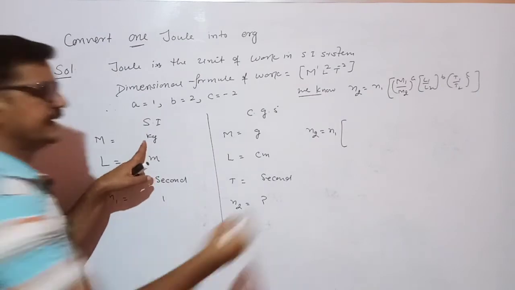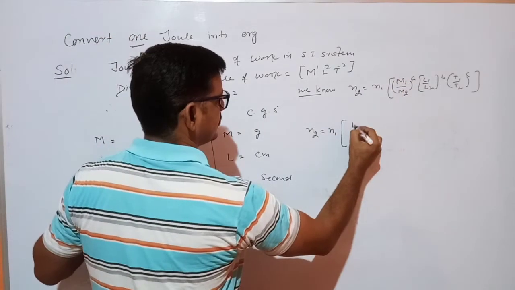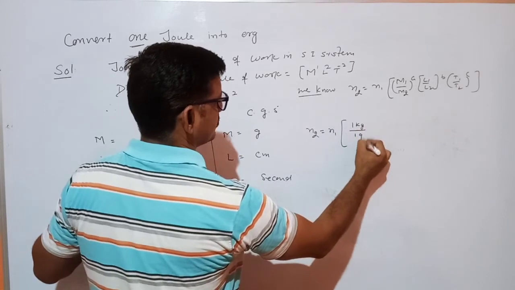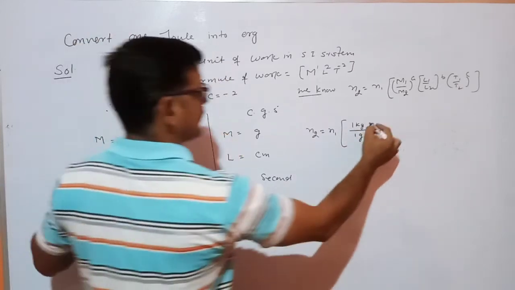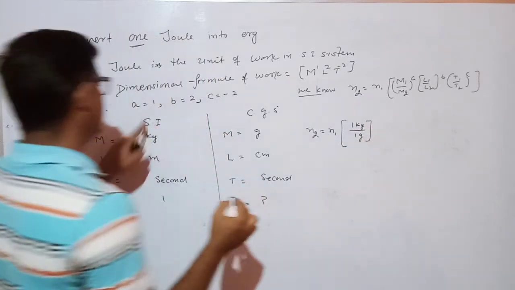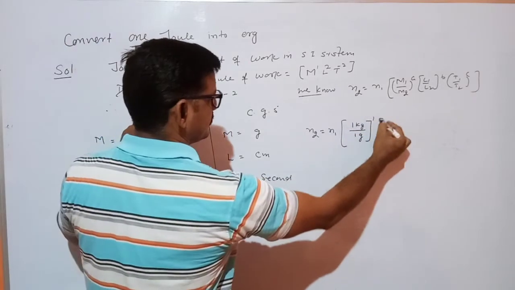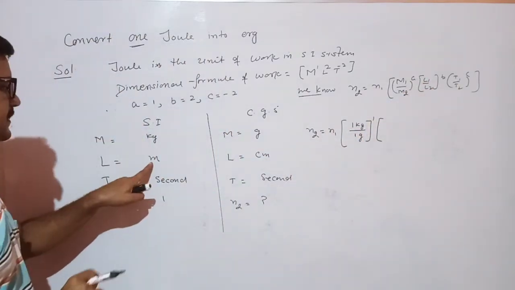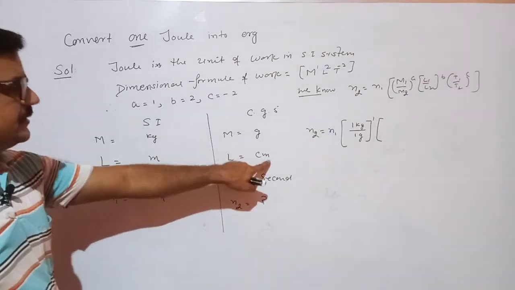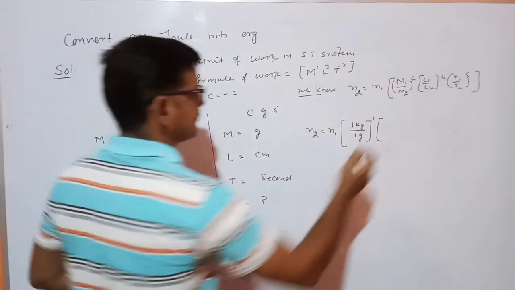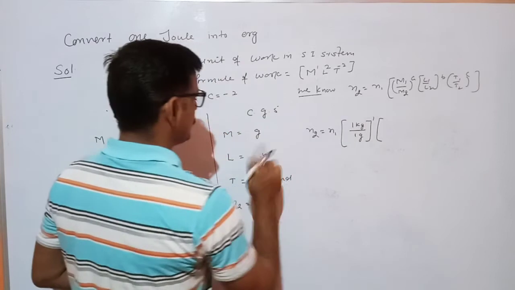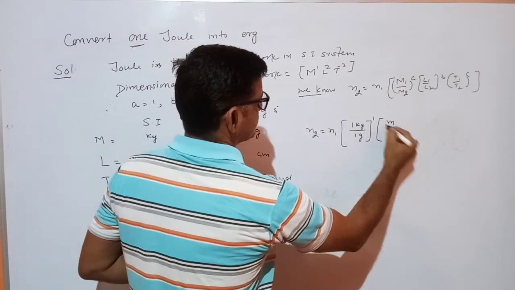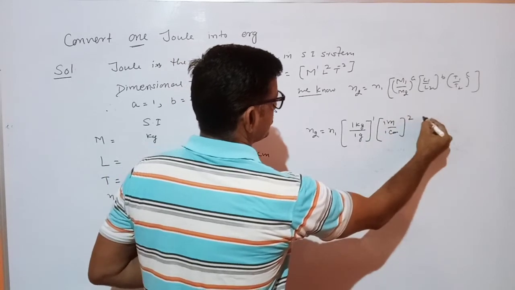So put N2 equal to N1, M1 upon M2. M1 is in kg, so write here 1 kg upon gram, power A. A is equal to 1. Similarly, L1 upon L2. L1 is in meter and here it is in centimeter, so meter upon centimeter, power 2.